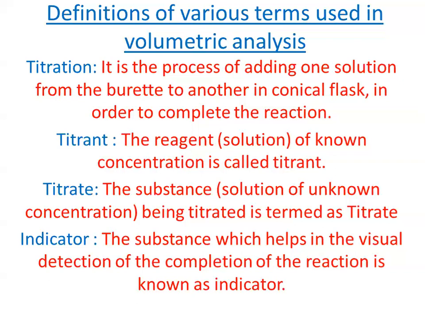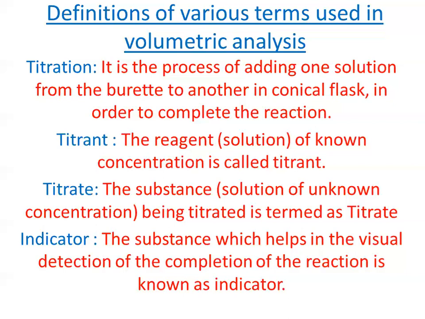One of these two is called titrant and the other is called titrate. Titrant is the solution whose concentration is known, a standard solution. The other one is a solution of unknown concentration, called titrate. For example, if we take 0.1 M HCl, it will be titrant, and 0.05 M Na2CO3 is called titrate.